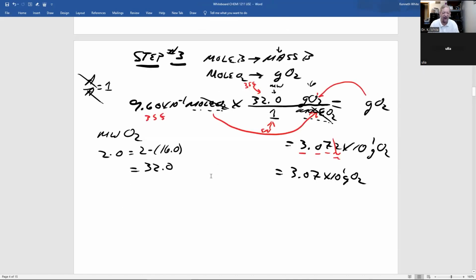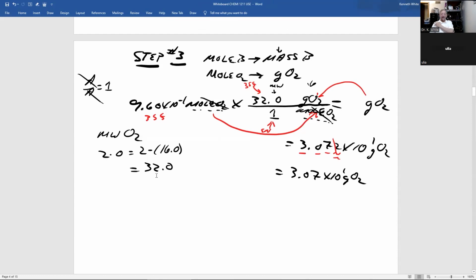So now I know, here I have moles of O2. I want to use the molecular weight, because 1 mole up here would be the molecular weight of O2. The molecular weight is the sum of all atomic weights. There are only 2 oxygens. The atomic weight of the element oxygen, to 3 significant figures, is 16.0.